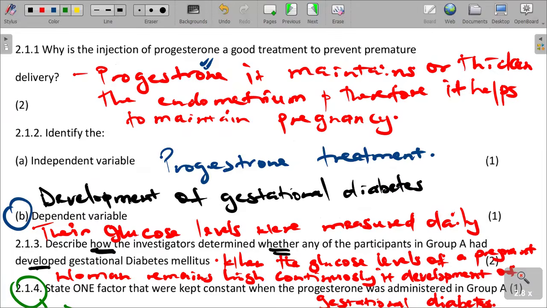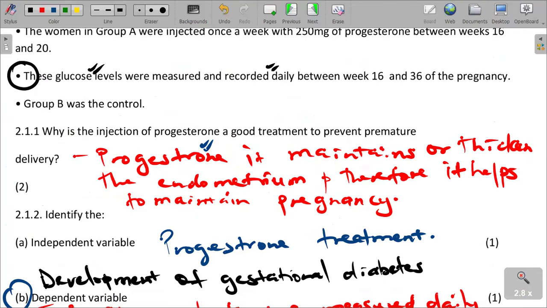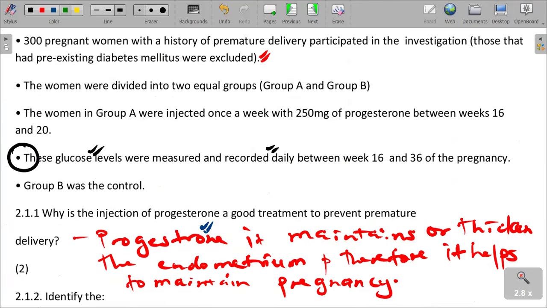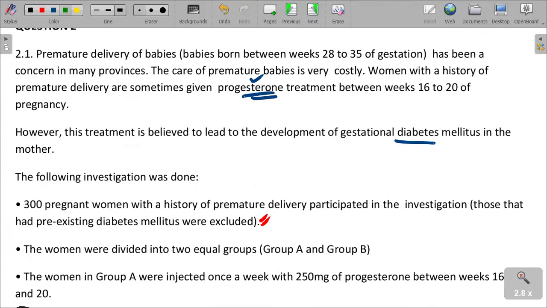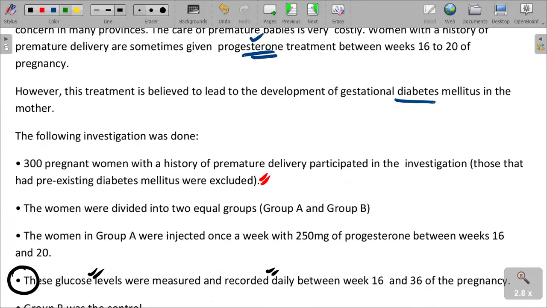What was kept constant is the same dosage which was given. We talk about the women in group A who were injected once a week with 250 milligrams of progesterone.